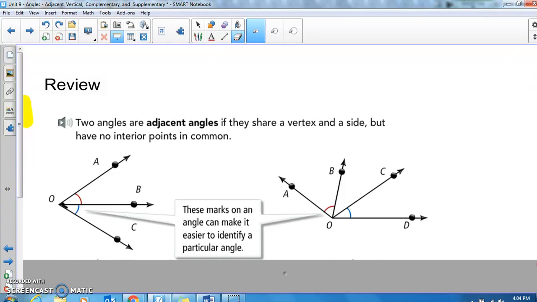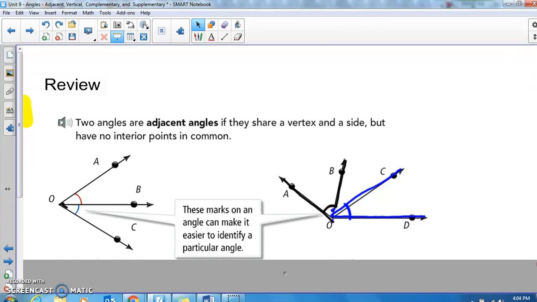All right, let's look over on the right side. If you'll notice this right here, angle AOB with the red part right here, and angle COD, are those two angles adjacent?